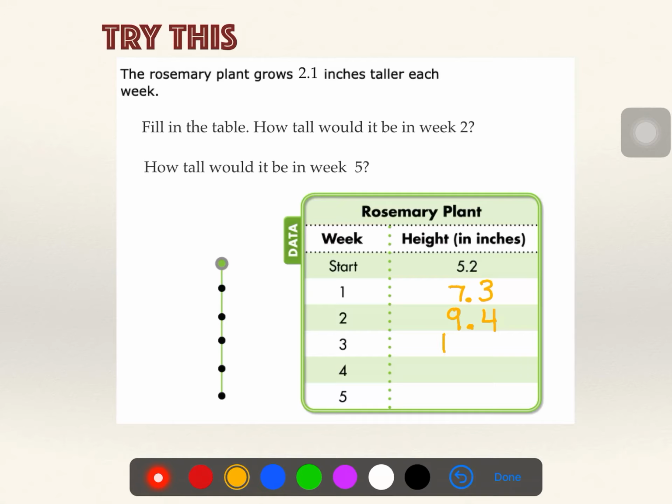What about week 5? You got it, 15 and 7/10 of an inch tall.